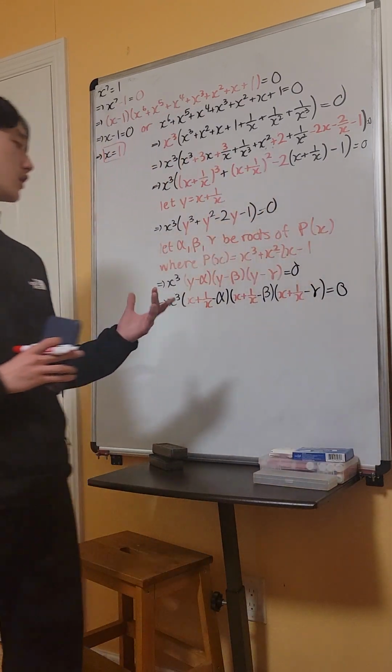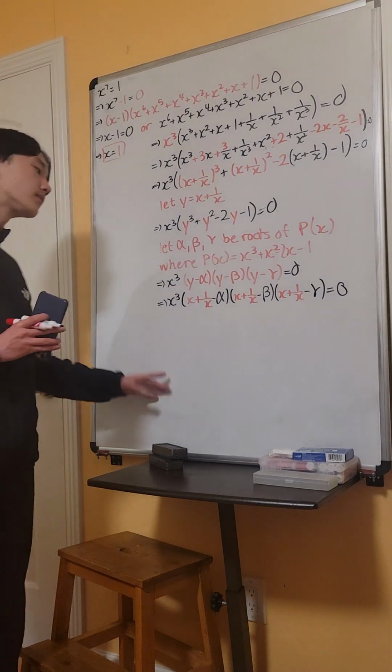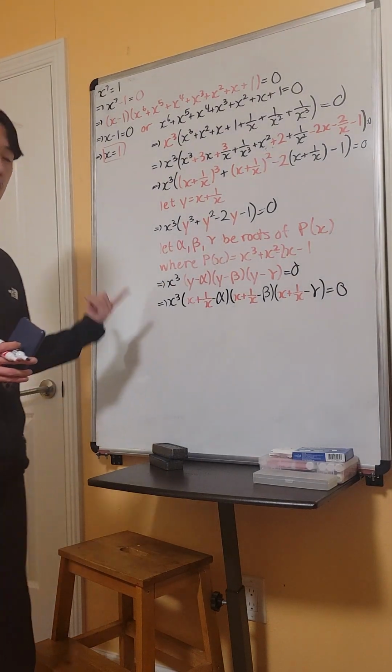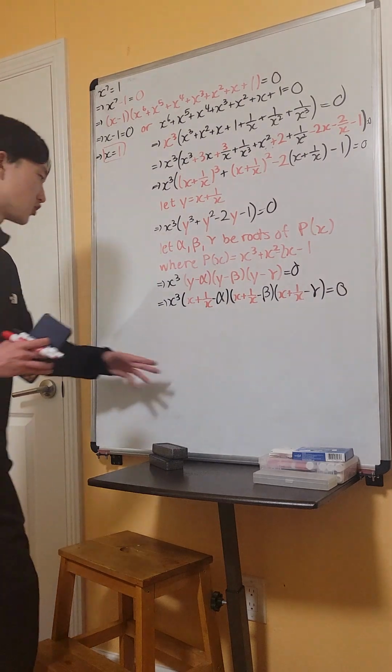Right? And then just distribute 1 over x into each of these, and then you get 3 quadratics out. So you have this solution, and then you have the solution to 3 quadratics.